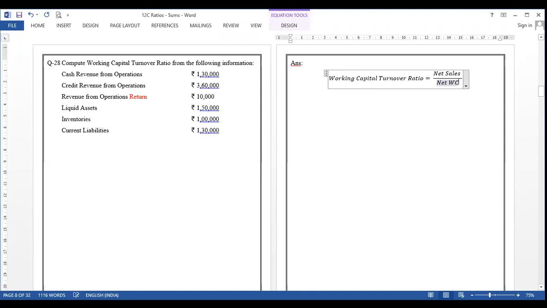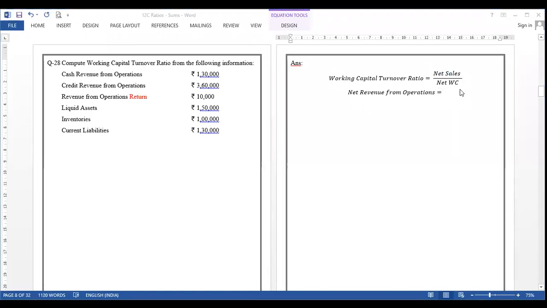Okay, fine. Cash is available, credit is available, revenue from operations return is there, liquid asset is there, inventory is there, current liability is there. So first I would like to know the net revenue from operations. As per the information given, what formula am I supposed to apply?